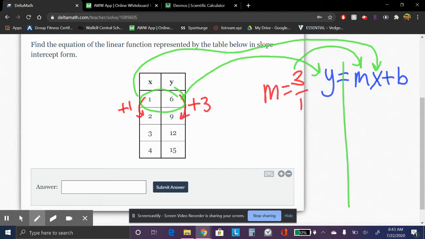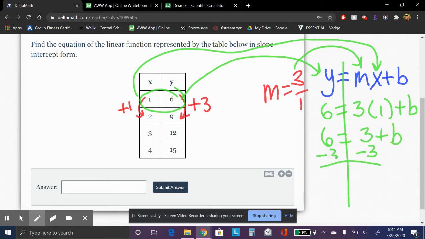So we plug that into our equation. So we have 6 equals, the m is 3 times 1 plus b. And then we just solve for b. And we get 6 minus 3, which is 3.